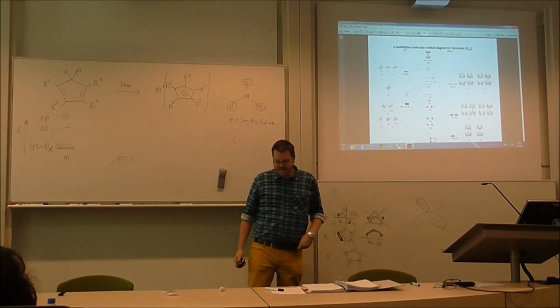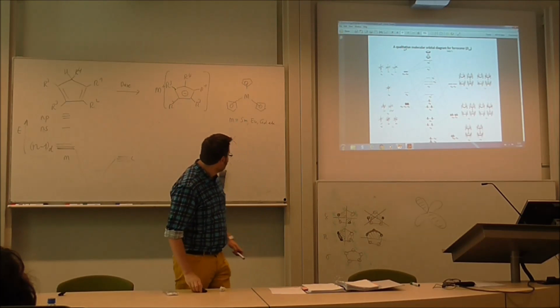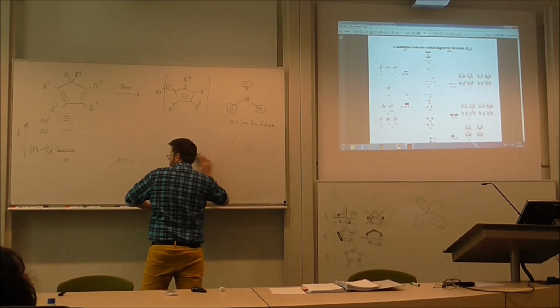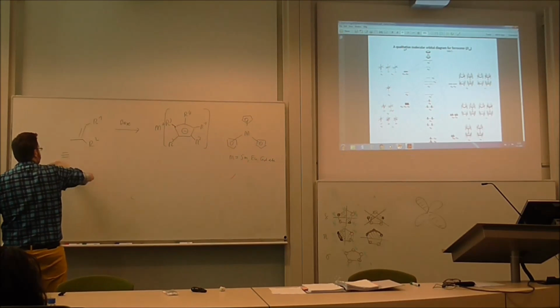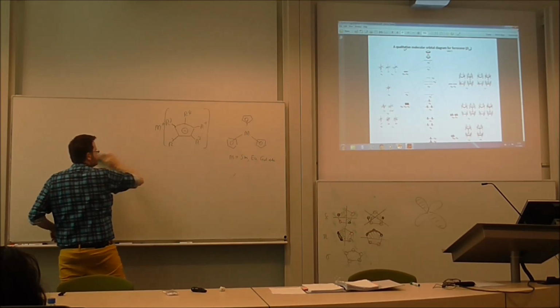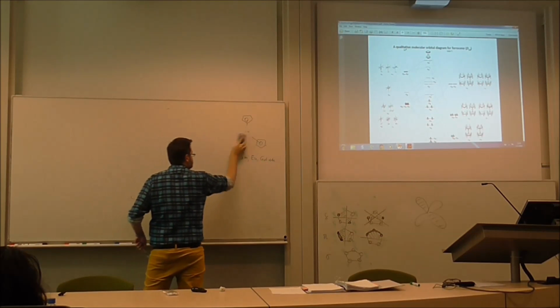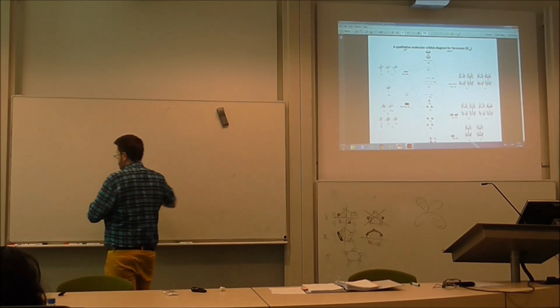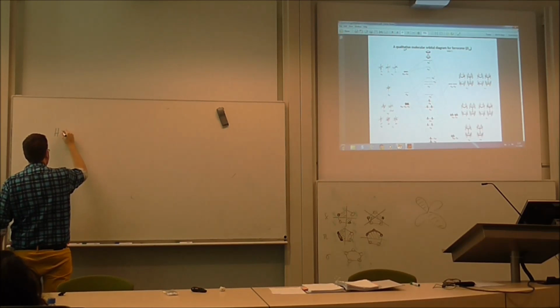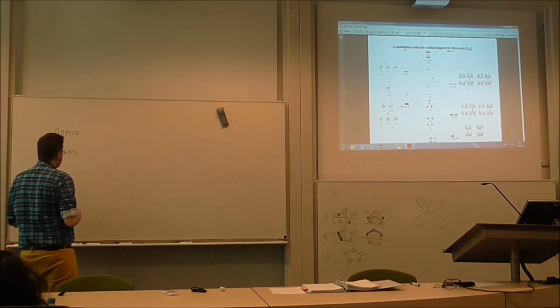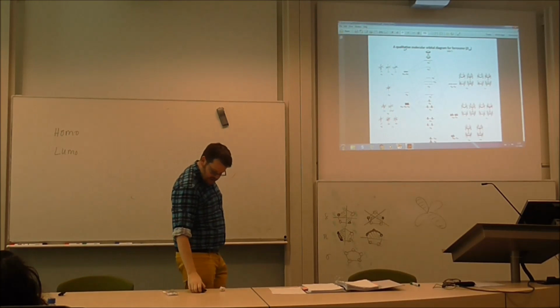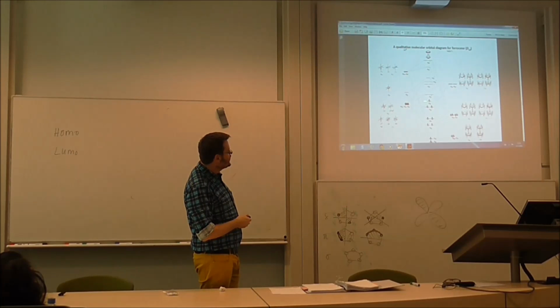Now there is this notion in molecular orbital theory of the highest energy occupied molecular orbital and the lowest energy unoccupied molecular orbital, HOMO and LUMO. So, what is the HOMO here? Yes.